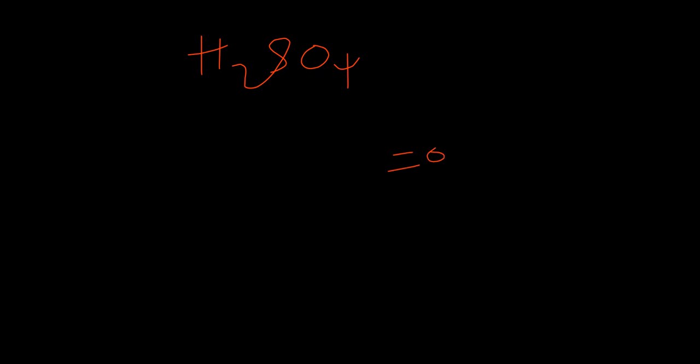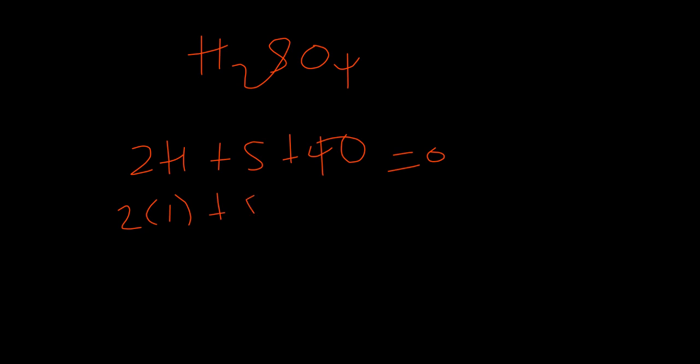So we have 2 hydrogens plus sulfur plus 4 oxygens. So we have 2, the charge of hydrogen being 1, plus sulfur plus 4 times the charge of oxygen, which is minus 2, equals 0. That will give us 2 plus sulfur minus 8 equals 0.